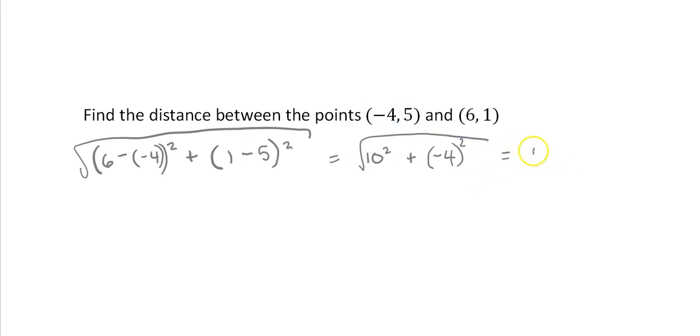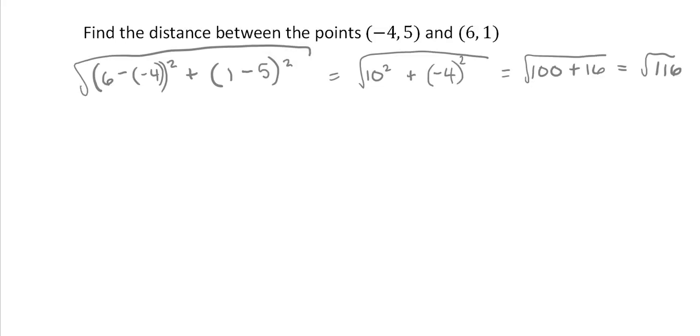So I have 100 plus 16. So I have the square root of 116. And that is not going to wind up being an easy number to handle or to reduce to a nice integer or something like that. So I'm just going to leave it as it is. It's going to be an irrational number, and that's just fine.